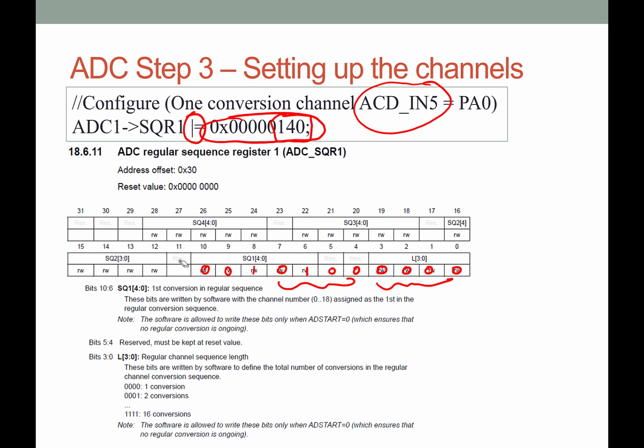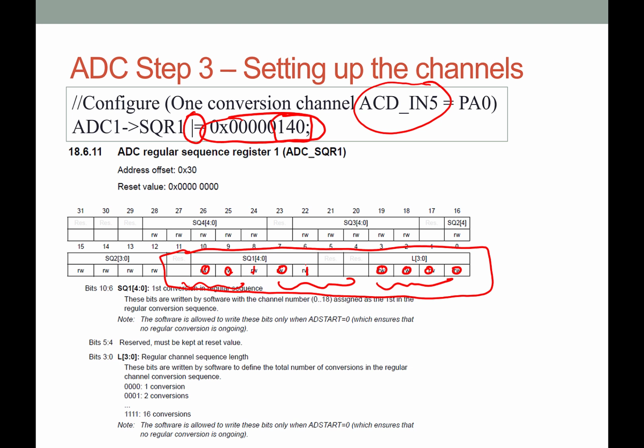I should have extended it to there. Okay, so that makes better sense because there's that 1. Okay, so what that meant though is I put, let's erase and see, I put in this SQ1 0 to 4, I put 00101.